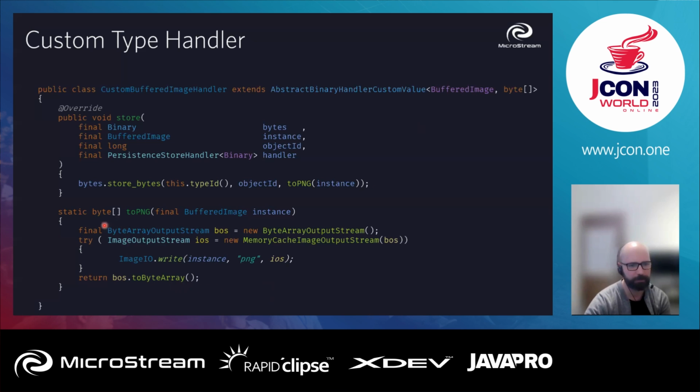So we just convert this buffered image to a PNG with the ImageIO API and store these bytes into the binary type, which is the medium object which transports the bytes in and out, and just register which bytes should be written and read from it. And then you register this custom type handler before you start the engine, and then you can use the type handler for third-party types as well.